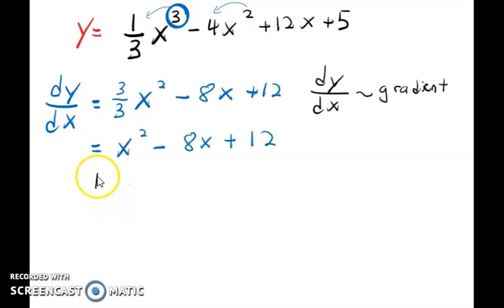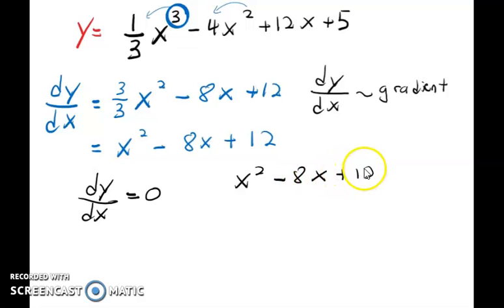As I have explained just now, dy/dx equals 0. So we bring this equation to equal 0 and factorize it to find the value of x.